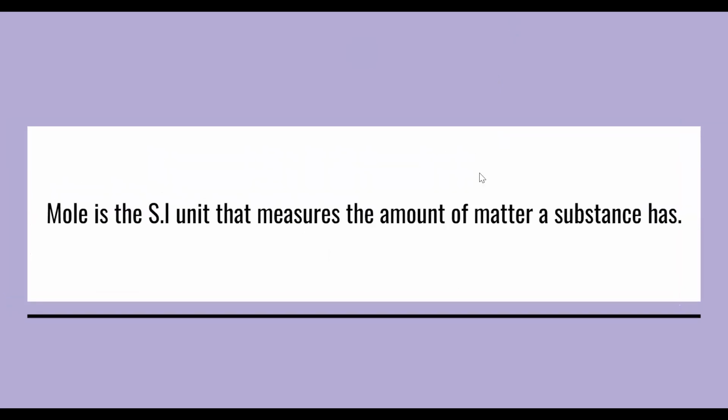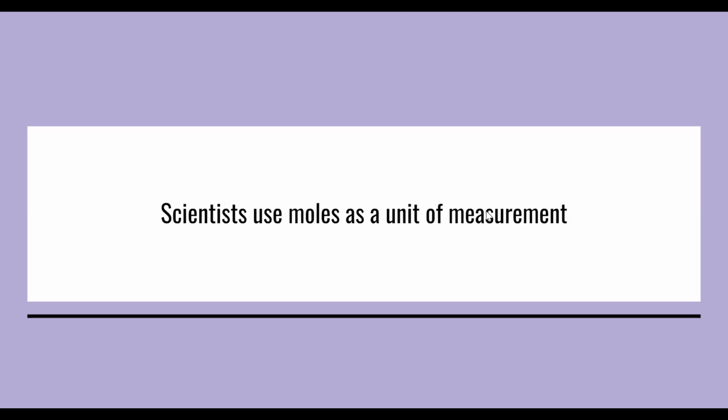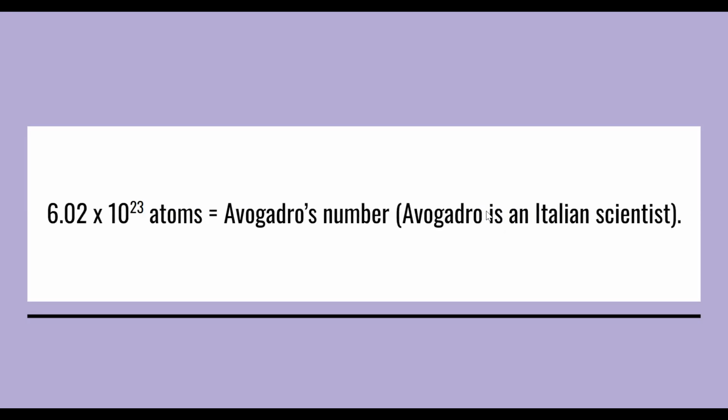Mole is the SI unit that measures the amount of matter a substance has. Scientists use moles as a unit of measurement. And this mole, which is 6.02 times 10 to the 23 atoms, is Avogadro's number, named after an Italian scientist.